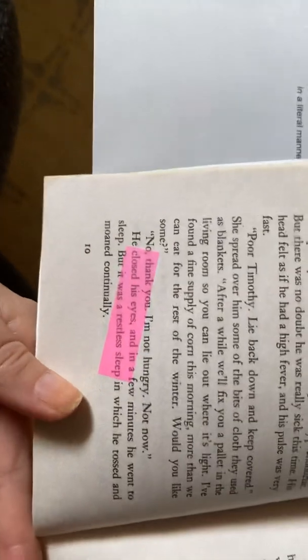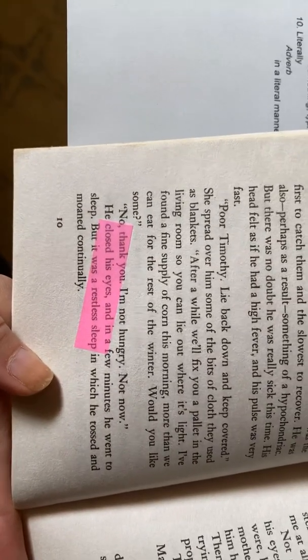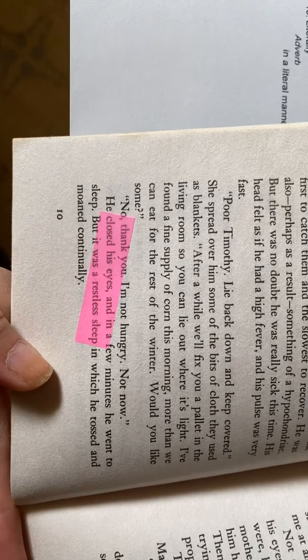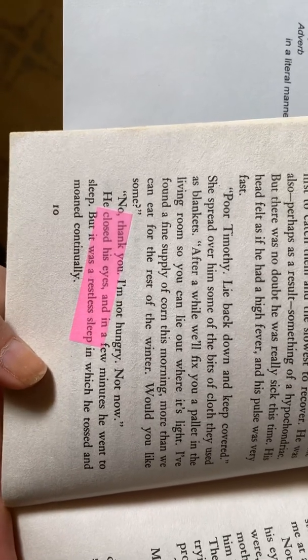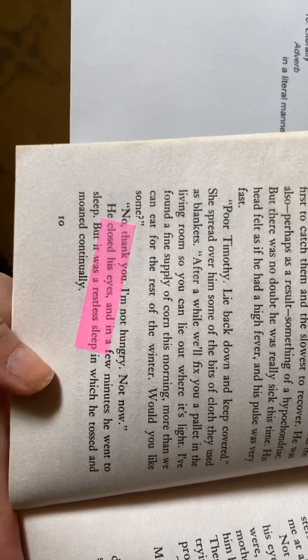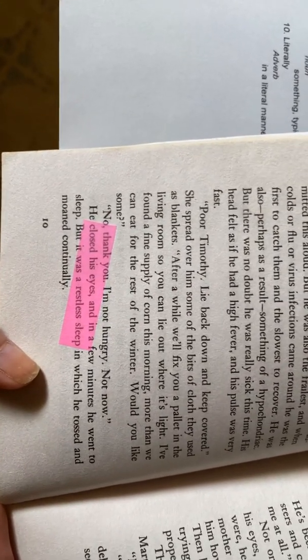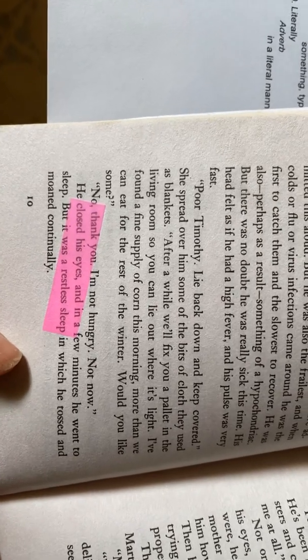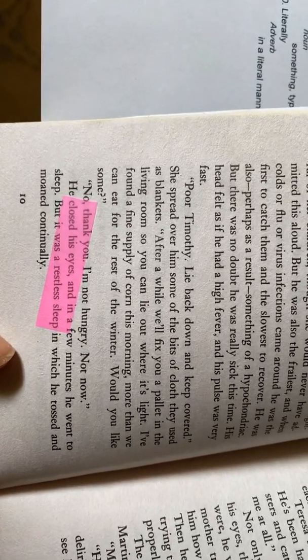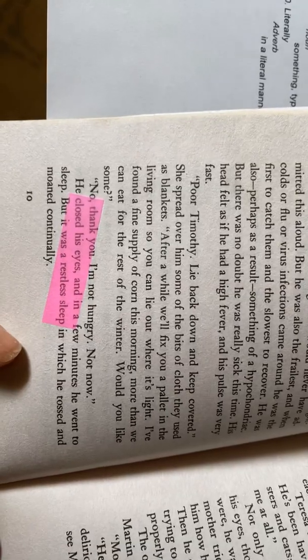Okay, let's try another one of our words from our story. We're going to look at the word restless now. "But it was a restless sleep in which he tossed and moaned continually." Well, the cool thing here is I remember from some of our earlier lists, our spelling lists, that if we add the word less to the end, it changes the meaning of the base word.